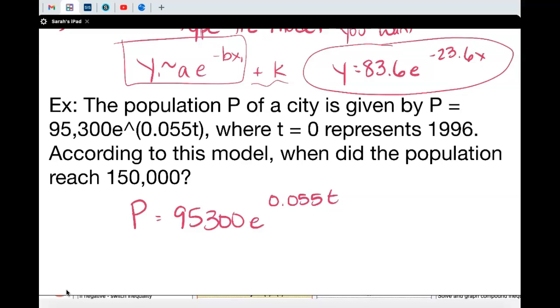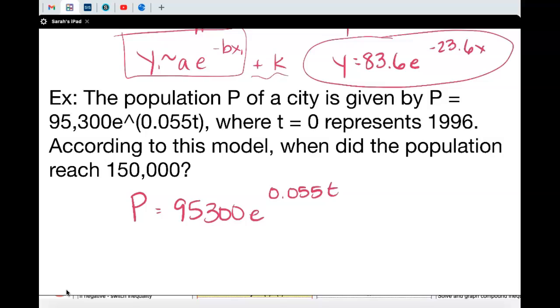Okay. Anybody know what we're doing here? Trying to find T. Okay. So what is P? 150,000.